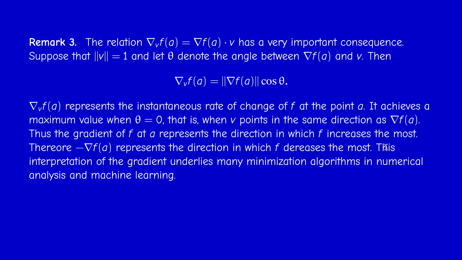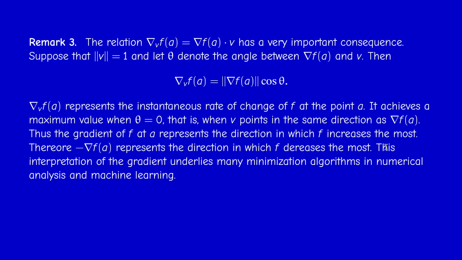And this has a very important consequence. This idea that minus the gradient represents the direction in which f decreases the most is the central idea in all minimization algorithms in machine learning, and sometimes in numerical analysis.